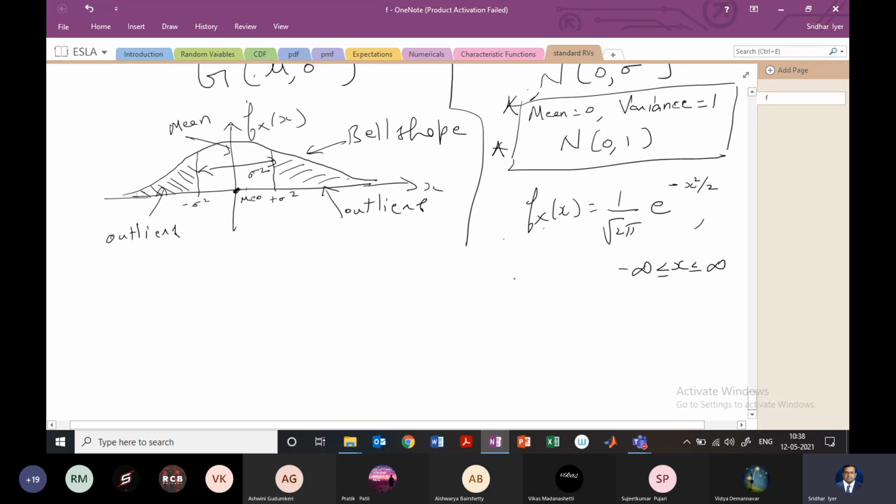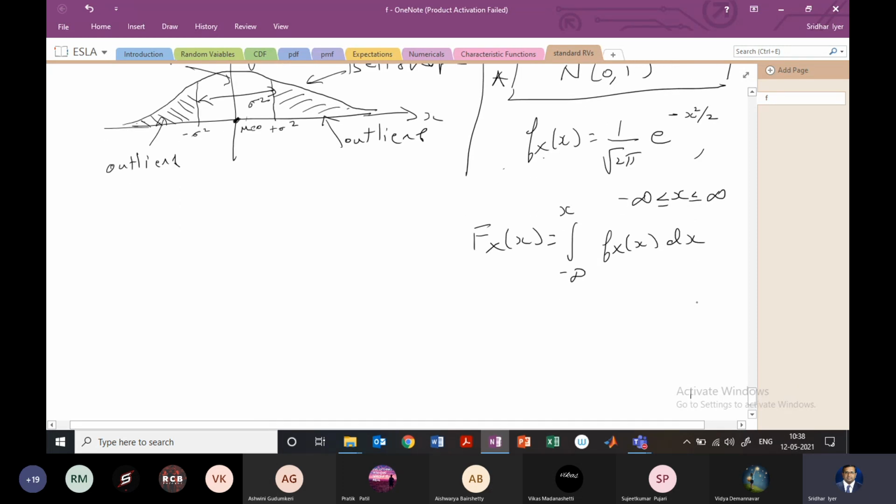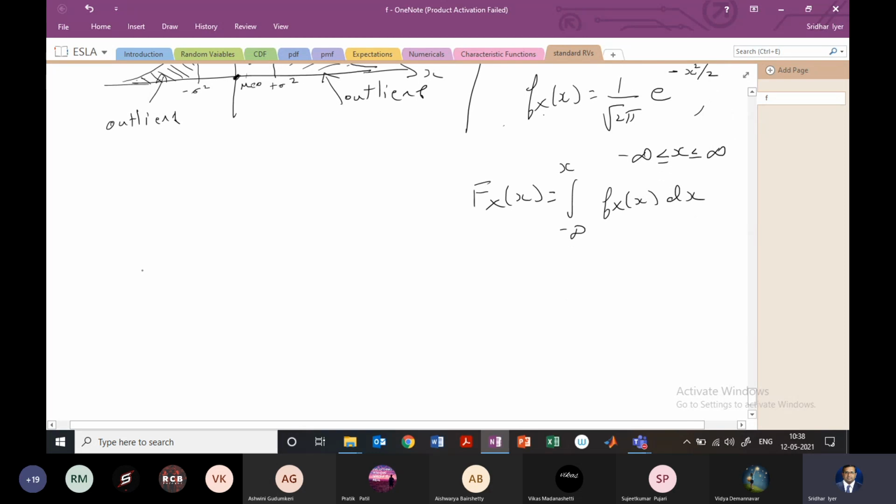Okay, and you can always find its CDF by just doing the normal procedure, that is integrating from minus infinity to some value x, fx of x dx, right? Therefore, in this case, it will become the integral from minus infinity to x of 1 by root 2 pi e raised to minus x square by 2 dx, and if you integrate this, you will get your CDF value.